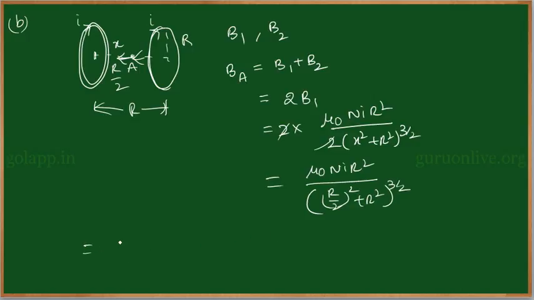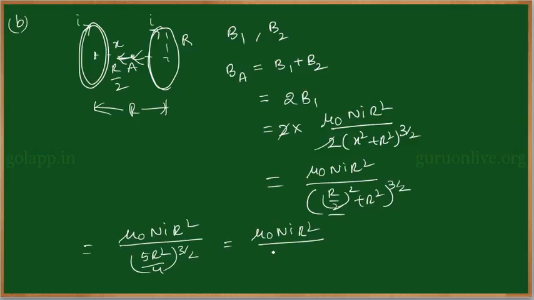That is equal to mu naught Ni r square divided by, this term will become r square by 4, and if you take the LCM, you will get 5 r square by 4. So 5 r square by 4 whole to the power of 3 by 2. If you bring out the constant, you will get mu naught Ni into r square by 5 by 4 whole to the power of 3 by 2 into r cube, as we saw in the previous explanation.